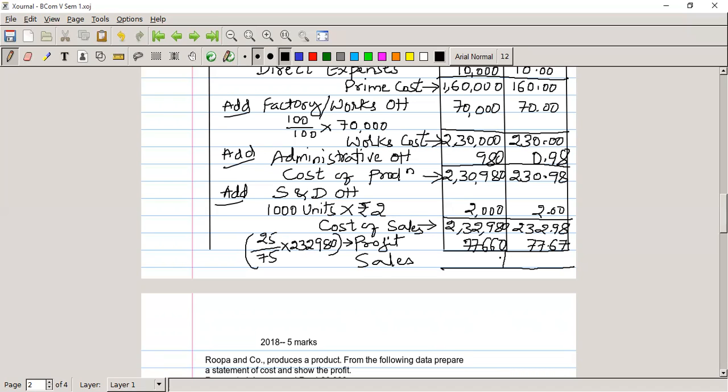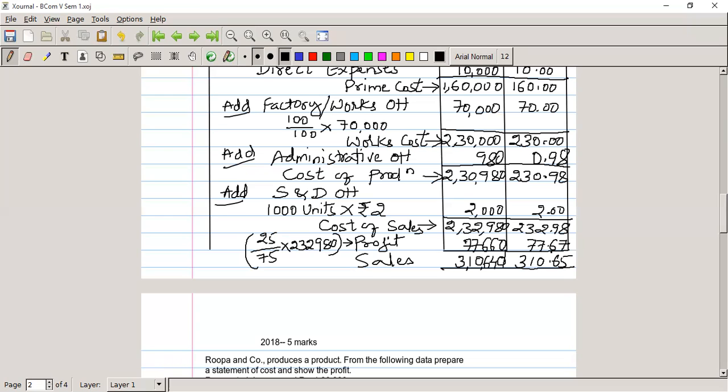Let us add all this: it comes to 3,10,640, which is 310 rupees 65 paise.